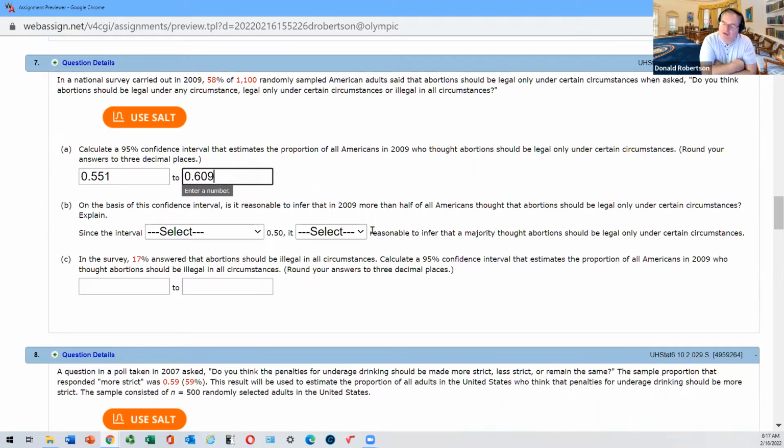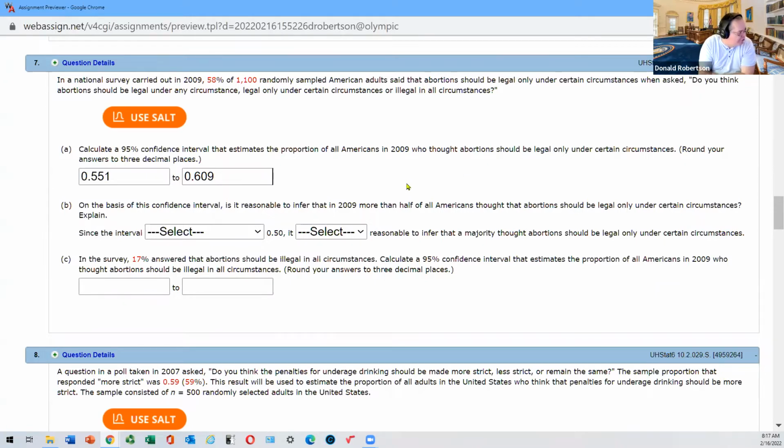And that is, yes, it is reasonable to assume that. In fact, if you were pushing the envelope, couldn't you say it's reasonable to assume that more than 55% of Americans are in favor of abortion? Because isn't the lower end of this limit about 55%?